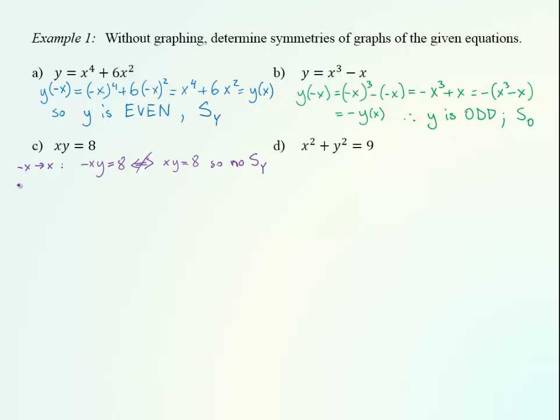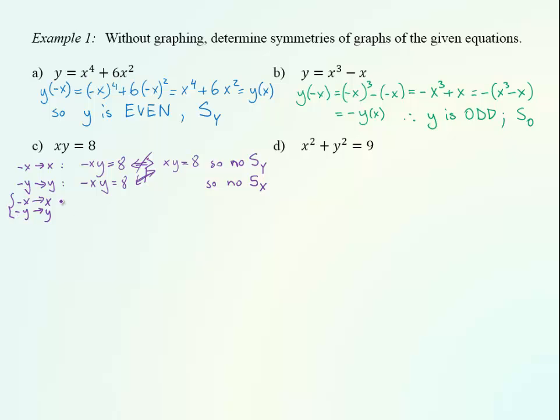Now let's check the other possibilities. If we replace y by negative y, again we have negative xy equals 8, and again it's not the same as the original equation, so we have no symmetry in the x-axis. Do we have symmetry in the origin? Well, we need to replace both negative x instead of x and also negative y instead of y.